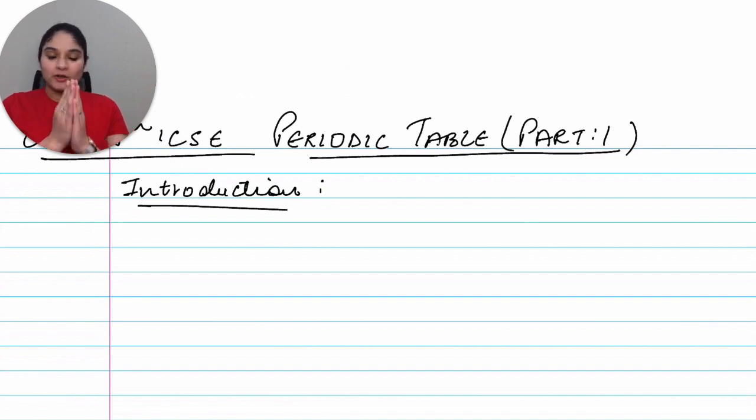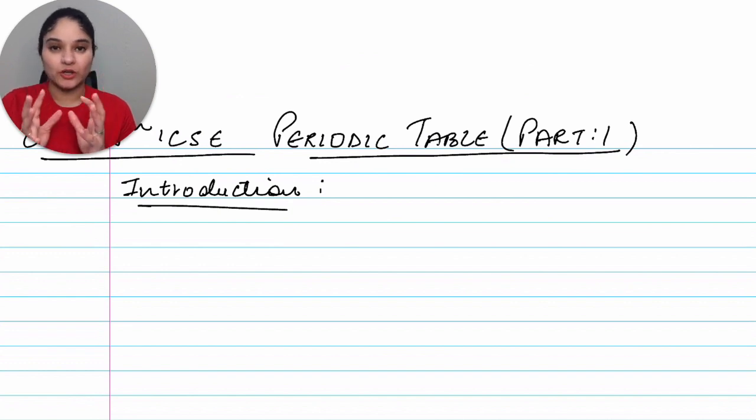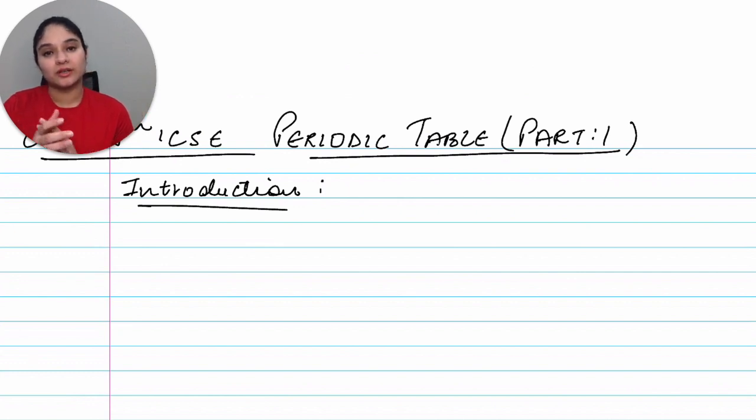So, the periodic table. Let's understand the introduction for it. As scientists and chemists started discovering so many new elements in the past years, we are talking about ancient years when we were able to identify various elements, a variety of elements were discovered, but it was difficult for chemists and scientists to understand all of that together.